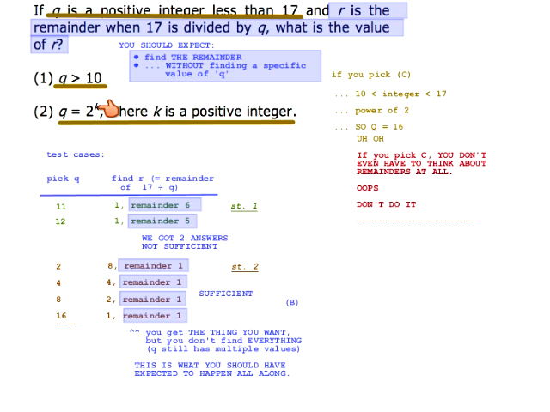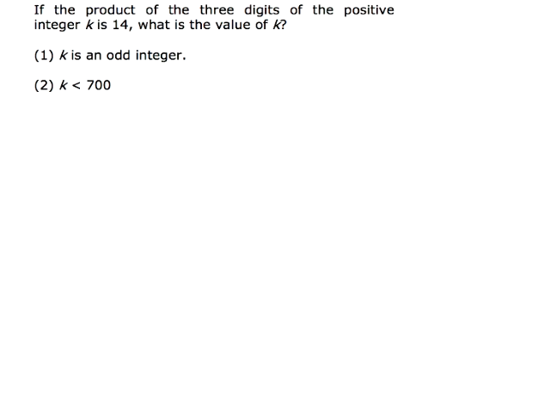You can think about whether you can do it, but then you should very quickly realize you can't, and then you just start guessing cases. 2, 4, 8, and 16 are the only ones: 2 to the 1 is 2, 2 to the 2 is 4, 2 to the 3 is 8, and 2 to the 4 is 16. This is the same point as everything else in this quant section, which is if something doesn't work, just quit. Just stop doing it. All right, we've got one more.